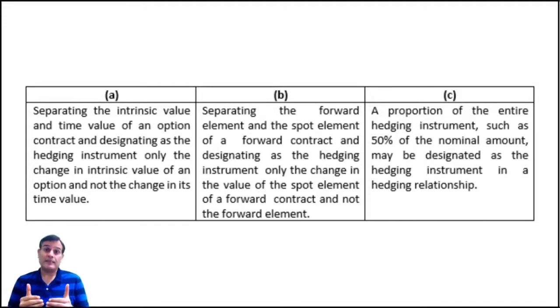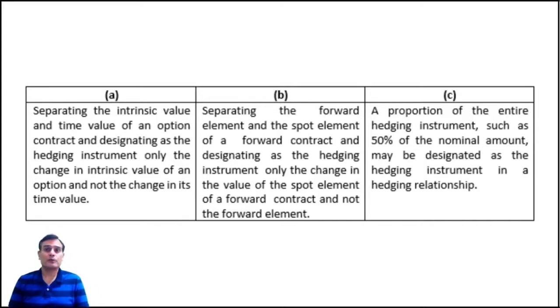The standard Ind AS 109 clearly tells us that you could designate only the change in the intrinsic value of the option and not the time value. That means we could use only the intrinsic value of an option contract as a hedging instrument.